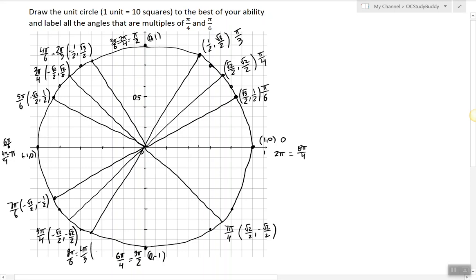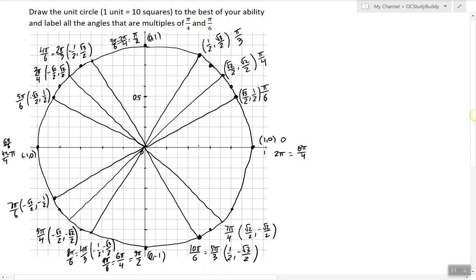The coordinates of this point are negative 1/2, negative √3 over 2. Next one is 9 pi over 6, which is the same as 3 pi over 2. Next one is 10 pi over 6, which is the same as 5 pi over 3. It's the point with coordinates 1/2, negative √3 over 2.